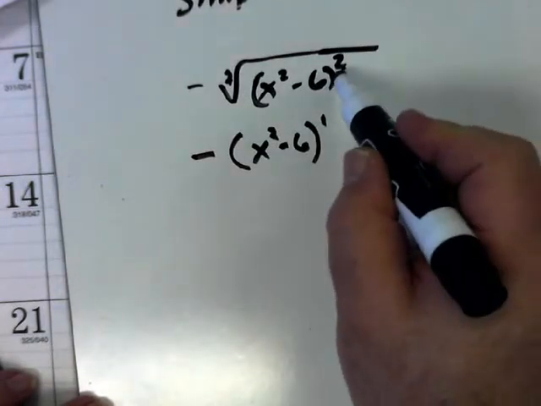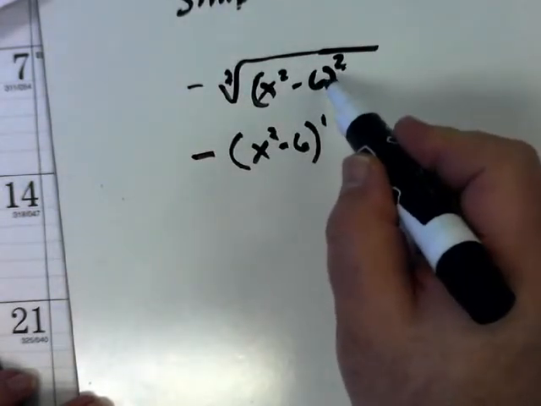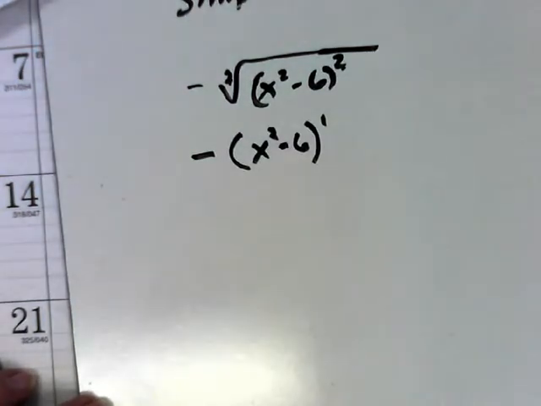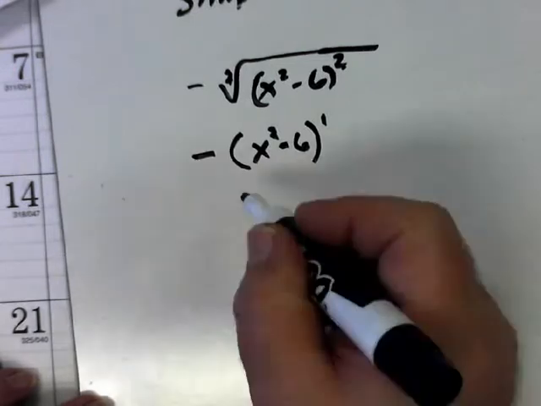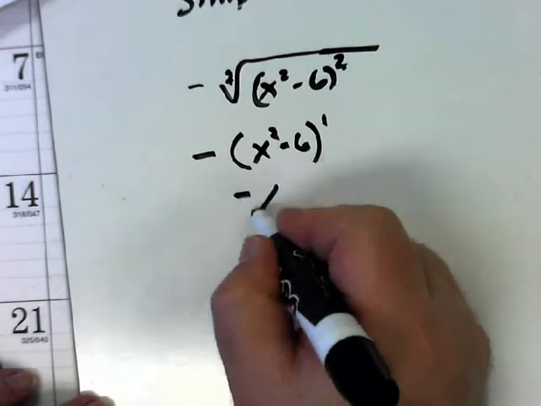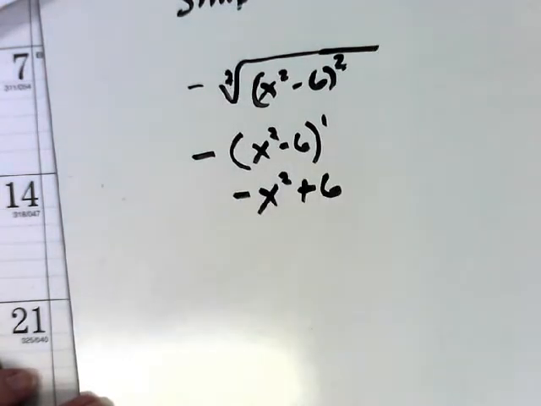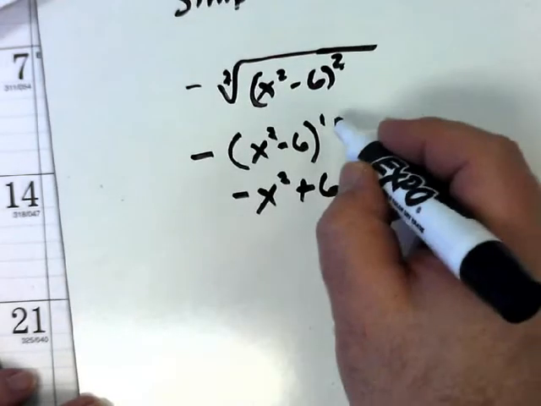Do I have anything inside the radical? Okay. Since it divided evenly, that's my answer. Could I distribute the negative? I could, if I wanted to. So either one of these is correct.